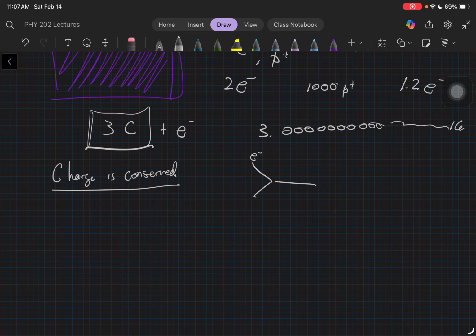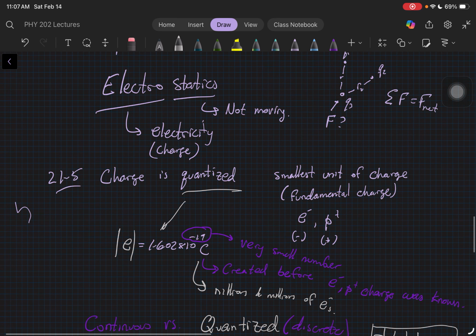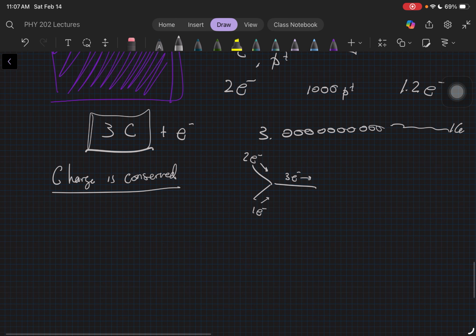Let's say we have maybe 2 electrons in this one and 1 electron in this one. There must be 3 electrons flowing through that junction. And we'll see all of that in practice in class a bit more. Yeah, so that's that.